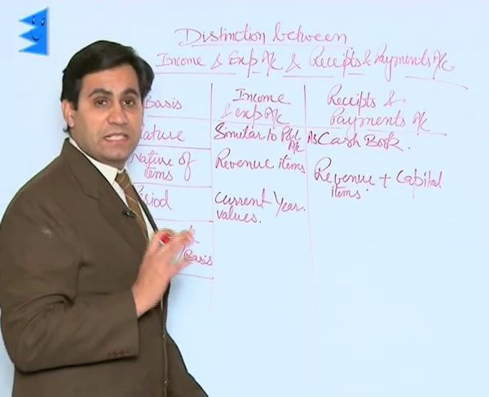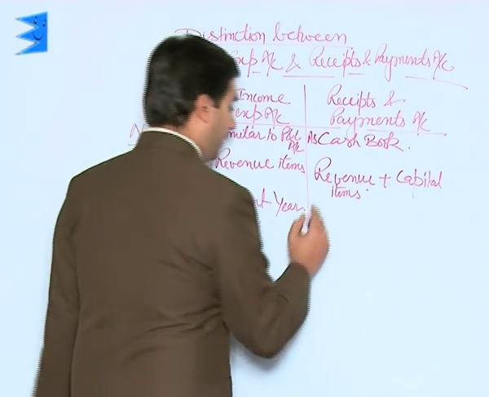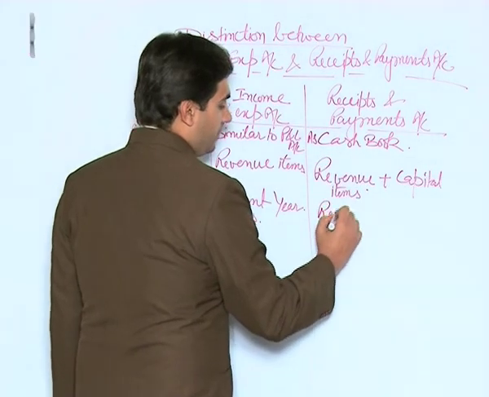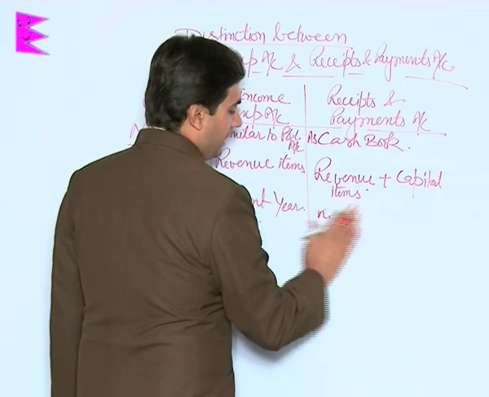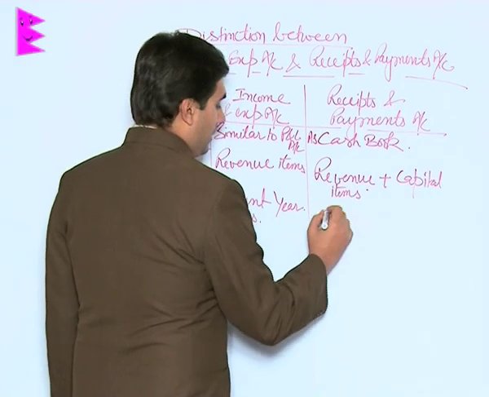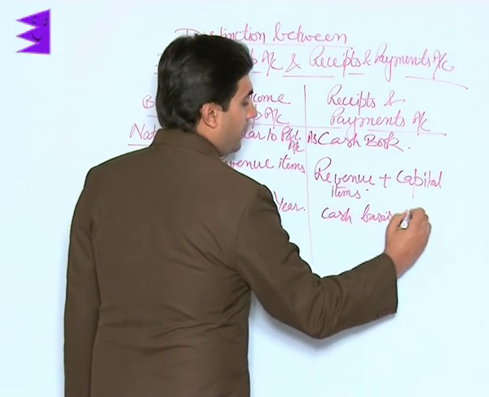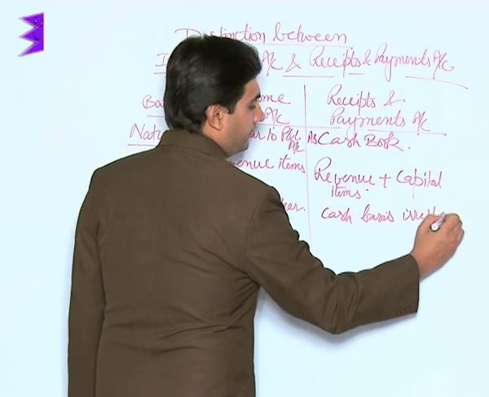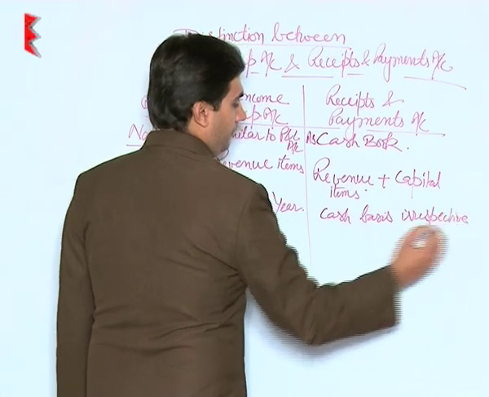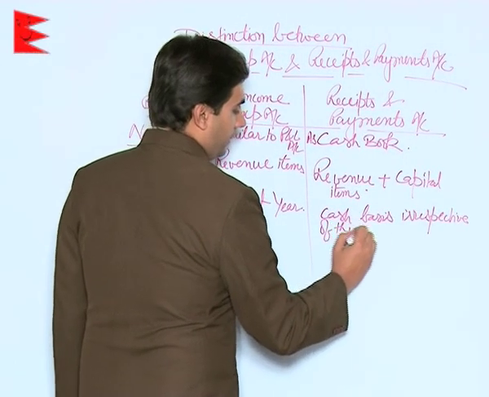If it has been received or paid, it will be entered here. So it is on receipts basis, or we will write it as cash basis, irrespective of the year.